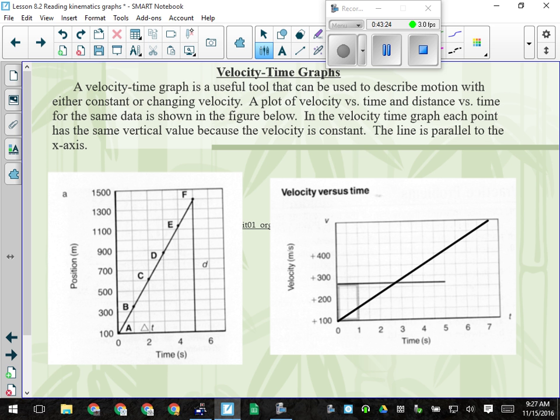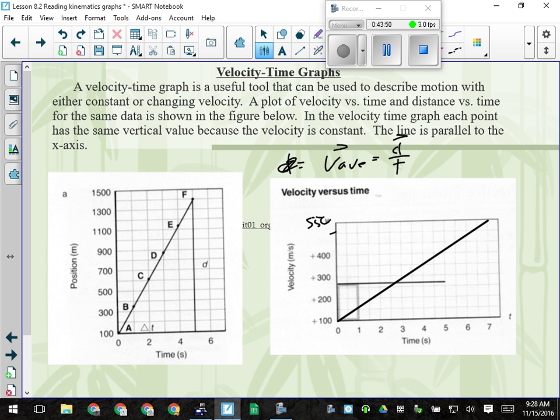I'll find the average velocity and multiply it by time. Remember that average velocity equals total displacement over total time. If I want to find the total displacement, I take the average velocity and multiply it by t. So this thing increases in velocity from 100 to 550.